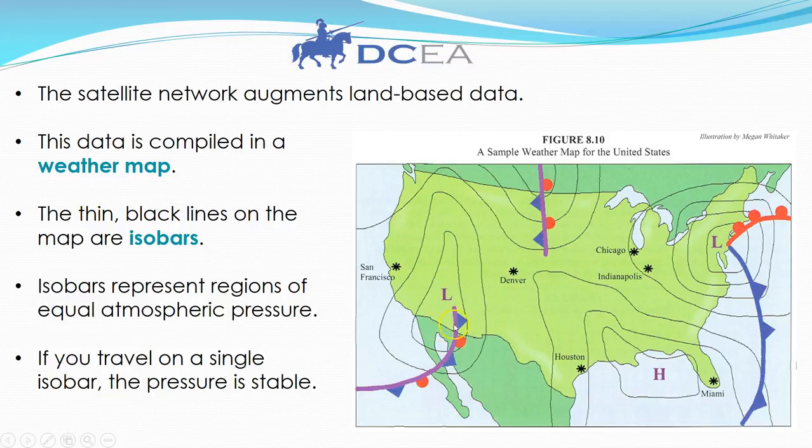So all the pressure in this region will be the same. If you travel on a single isobar, the pressure will be stable. So I could go from down here in Mexico along this isobar and experience the same pressure the whole way.